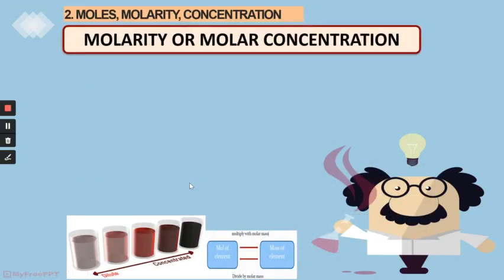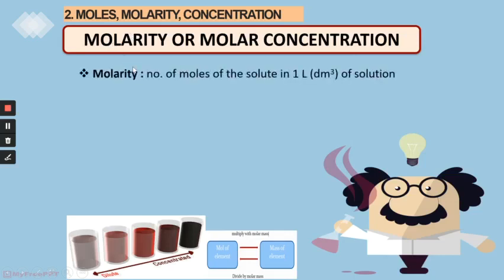So look at the molarity, or molar concentration. According to the name, we should know the concentration of the solute in terms of mole. So molarity is the number of moles of solute in 1 liter of solution.